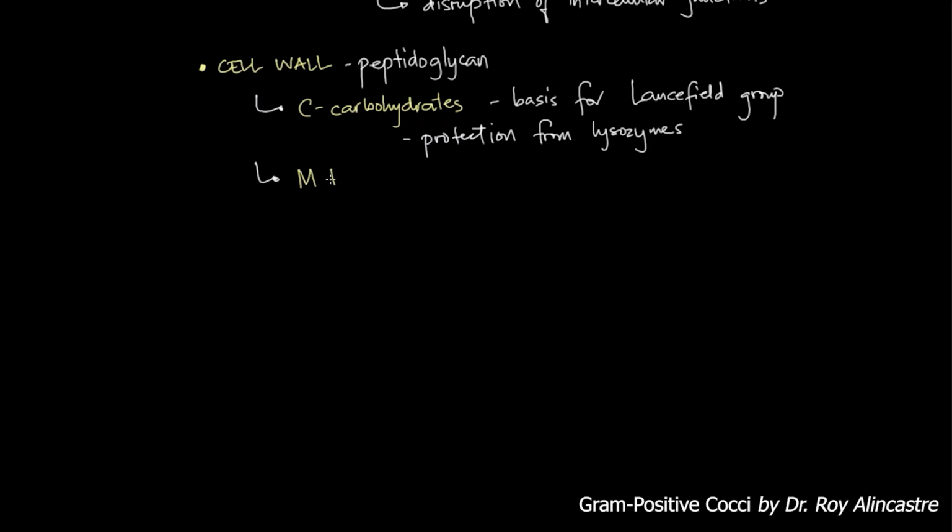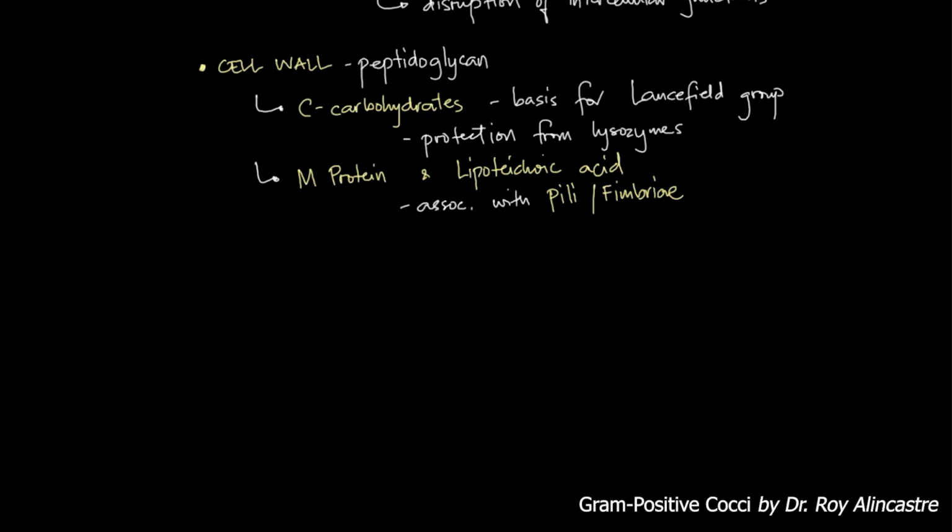A number of other molecules are also attached to the cell wall, no? Like the M protein and lipoteichoic acid, no? That are attached to the cell wall but extend even beyond the capsule, often in association with hair-like villi or fimbriae.